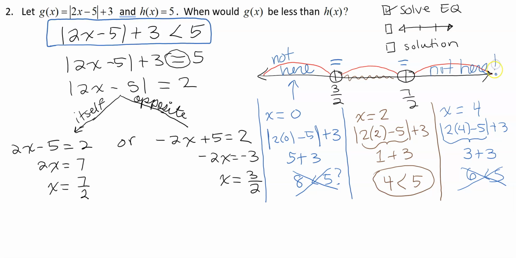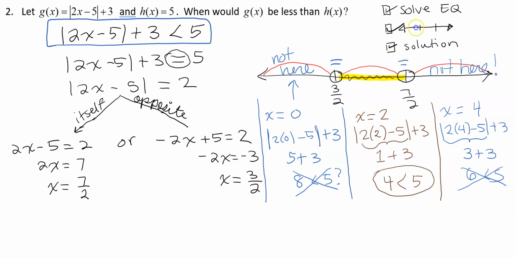So your solution lies in between 3/2 and 7/2. That's where your solution lies. Now that would be step 2: go ahead and put that on a number line and check our answers.